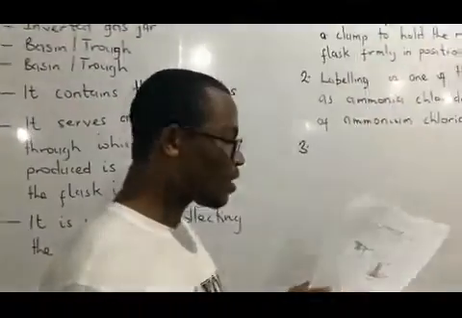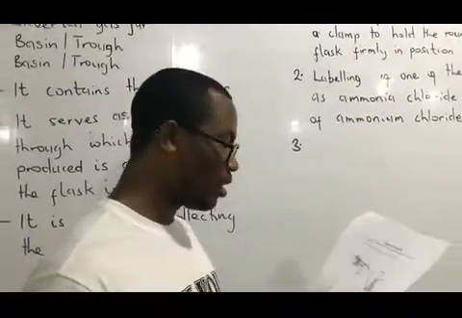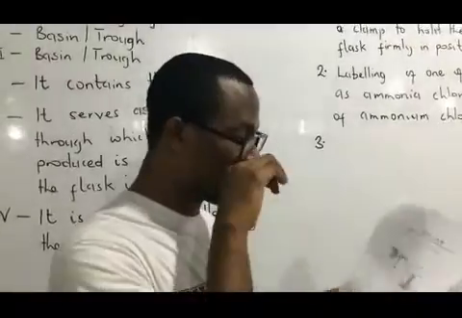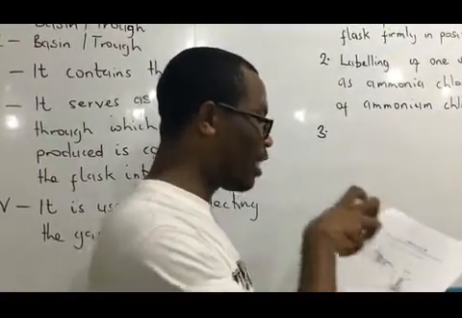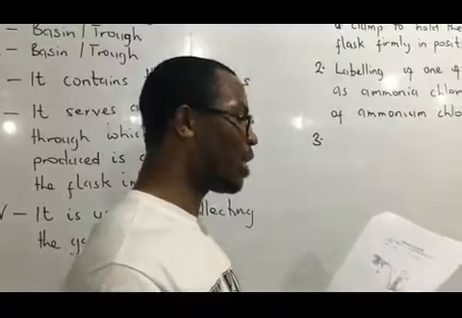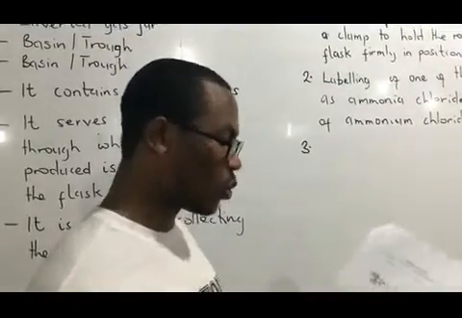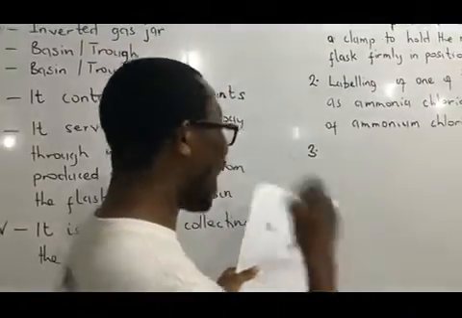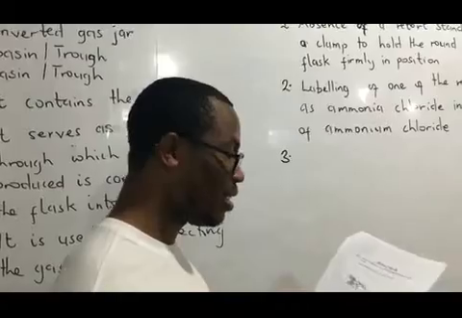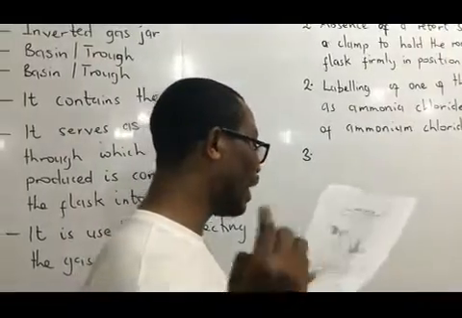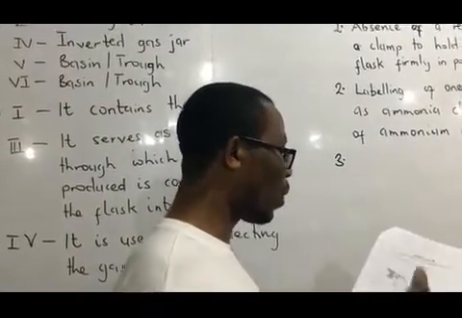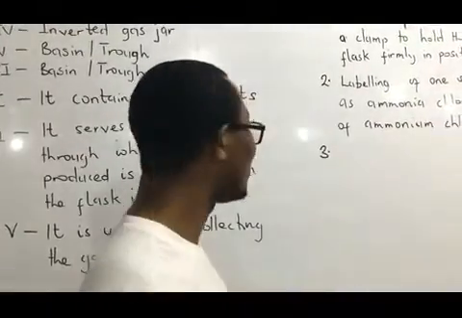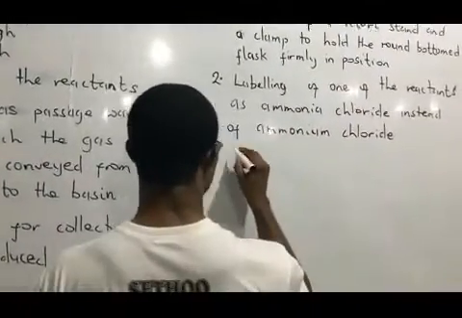Ammonia gas is not collected over water because it can easily dissolve in water to form ammonium hydroxide. So that is also another source of error. So there is absence of a drying agent, that is the calcium oxide, and then the gas is wrongly collected over water. So that is the next two sources of error.